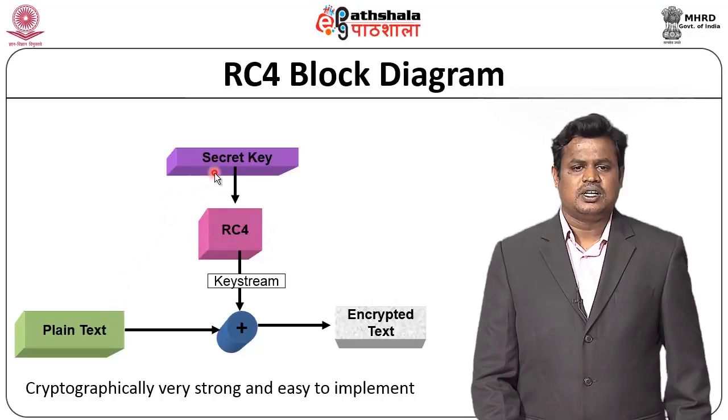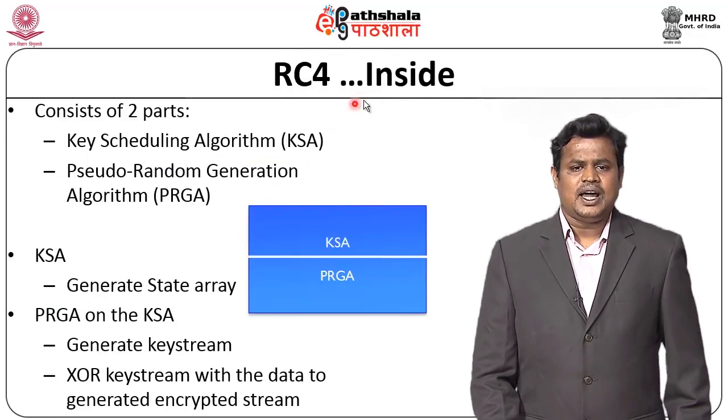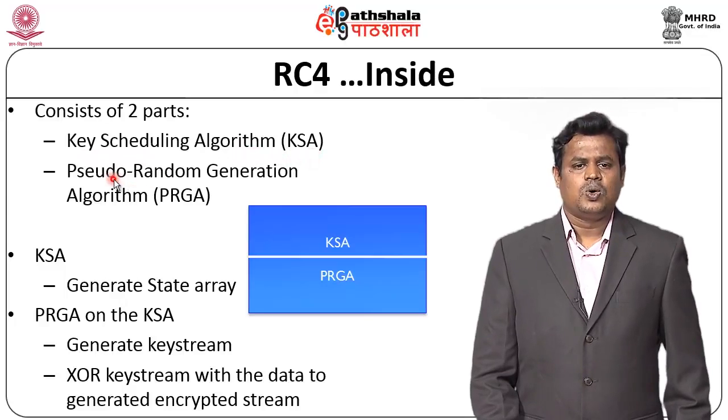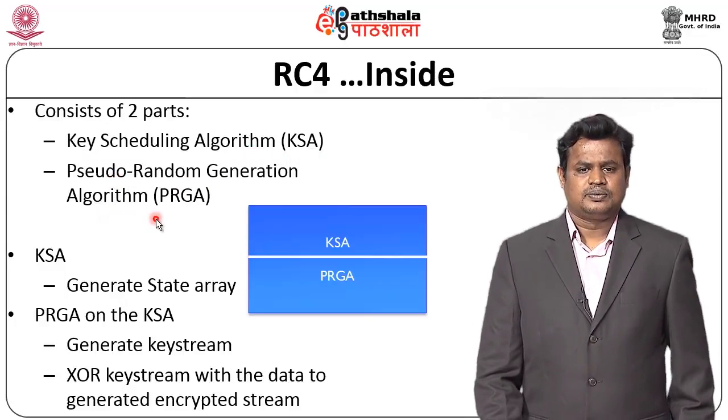as we discussed, where you have a secret key and the plain text is going to be encrypted. Cryptographically it is very strong and easy to implement, the only thing is we need to understand what is inside this RC4. Inside the RC4 there are two parts: one is your key scheduling algorithm, KSA, and another one is the pseudo random generator algorithm.